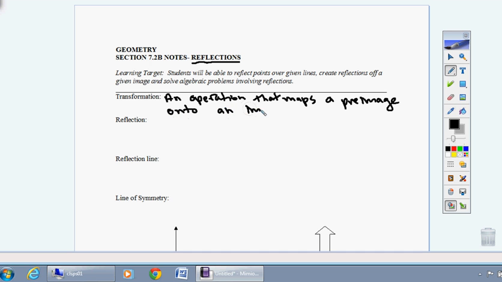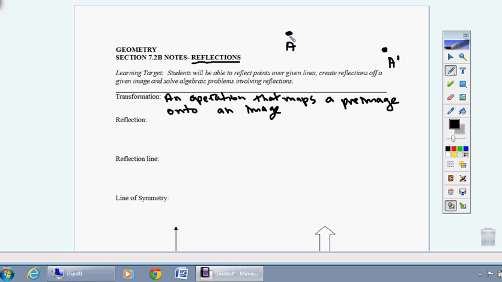Now I know that sounds kind of like fancy wording, so let's go back and talk about this. A pre-image is our original figure. So let's take this point up here. I'm going to call this point A. That point A is going to be our pre-image. And this point over here, we're going to call this A prime. That is our image, or our new figure.